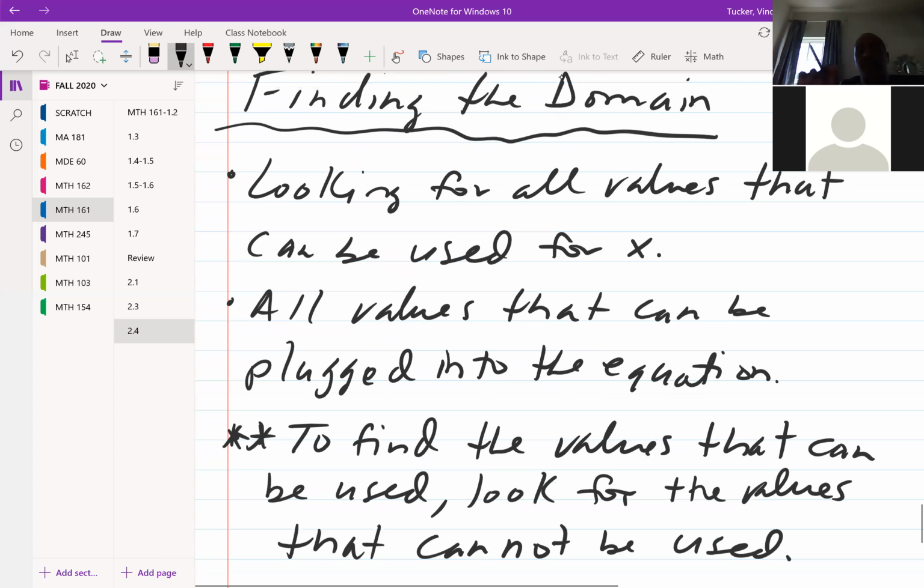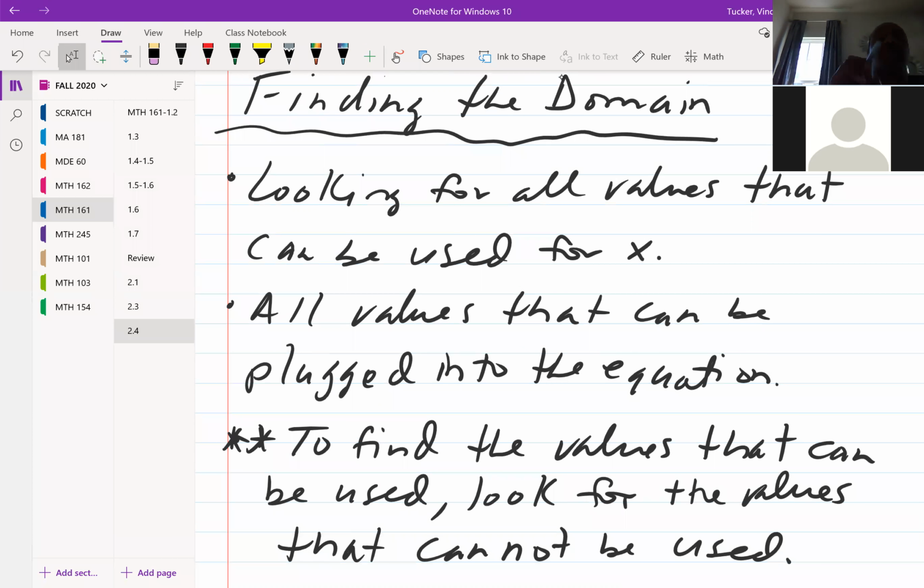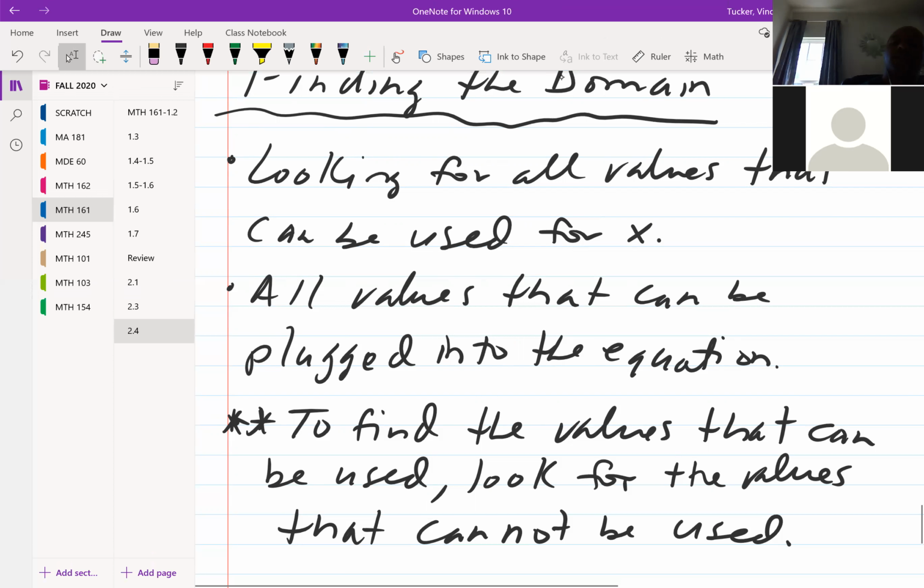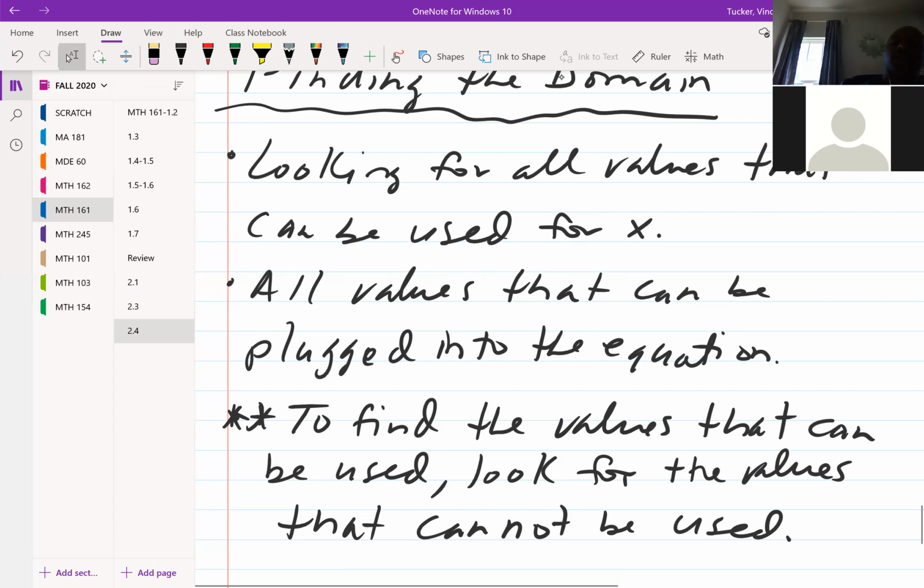All right, so finding the domain is the first thing that they start us off with in this section. So what we're doing is we're looking for all the values that can be used for x. Another way of looking at that is all values that can be plugged into the equation. To find the values that can be used, what we can do is look for the values that cannot be used. Oftentimes, the values that cannot be used are a smaller set than the numbers that can be used. You'll see what I mean as we get into that first example.